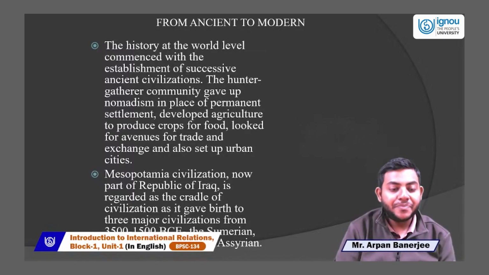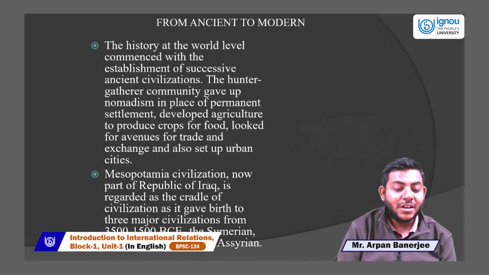Mesopotamian civilization, which is now part of the Republic of Iraq, is regarded as the cradle of civilization, as it gave birth to three major civilizations from 3500 to 1500 BC: the Sumerian, the Babylonian, and the Assyrian. Also in South Asia, we had the Harappan civilization, where urbanization also flourished in cities like Harappa, Mohenjo-daro, Lothal, Chanudaro, Dholavira, Rakhigadi.